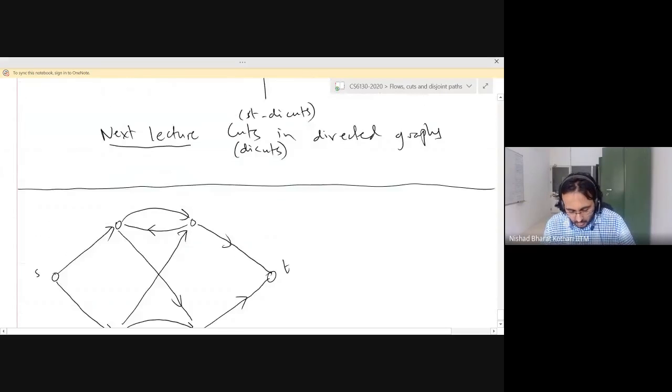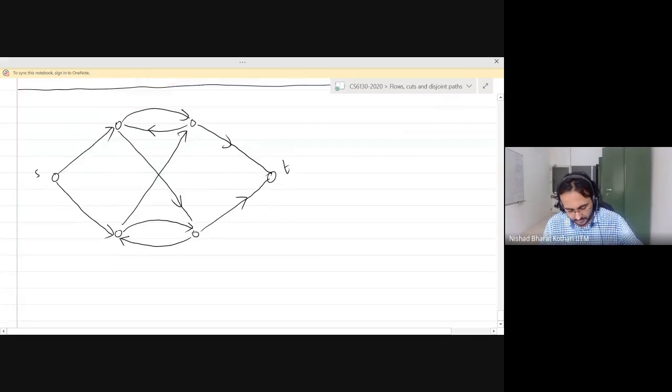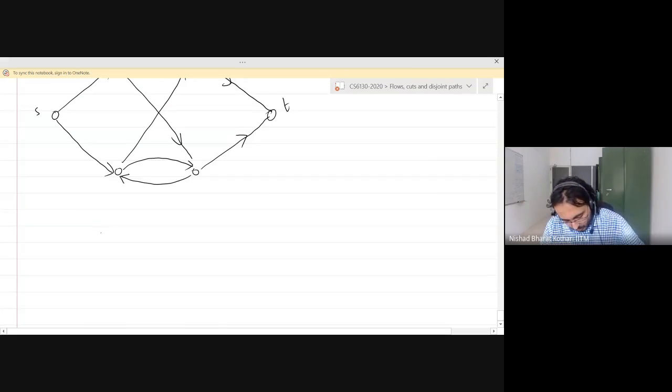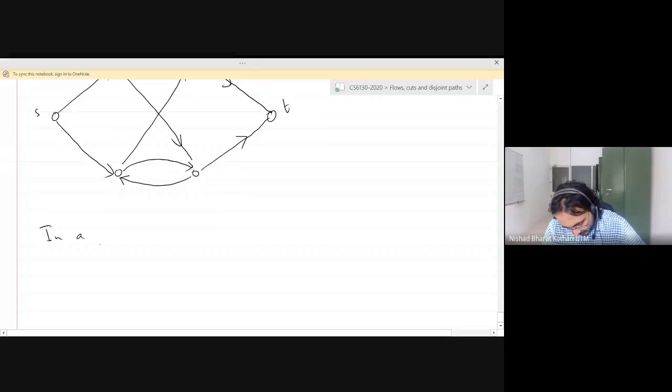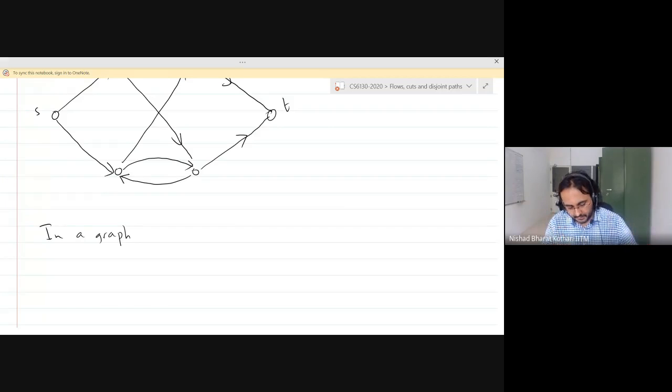So let's talk about cuts in directed graphs. Okay. So, a cut is very similar, except that now we have some asymmetry. You see, in a graph, so when I say graph, I always mean undirected graph. And if I want to say directed graph, I will write digraph or directed graph. Okay.